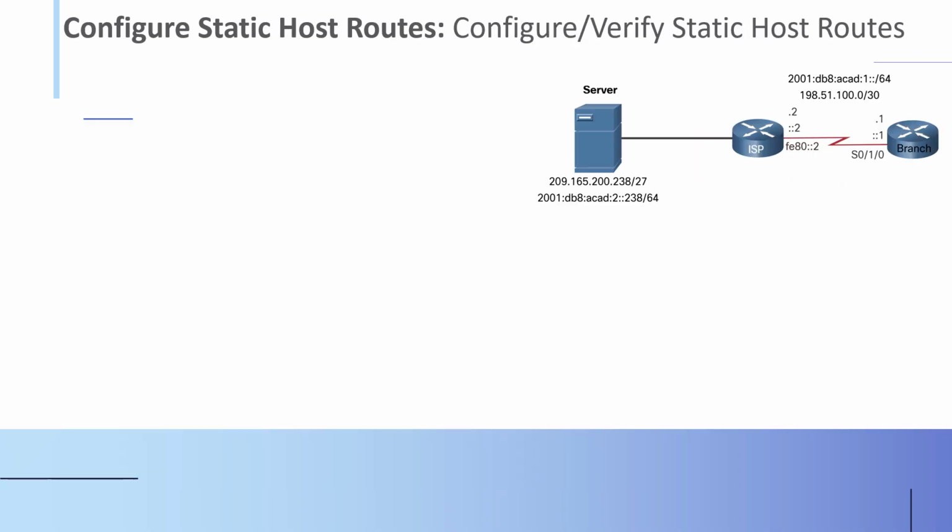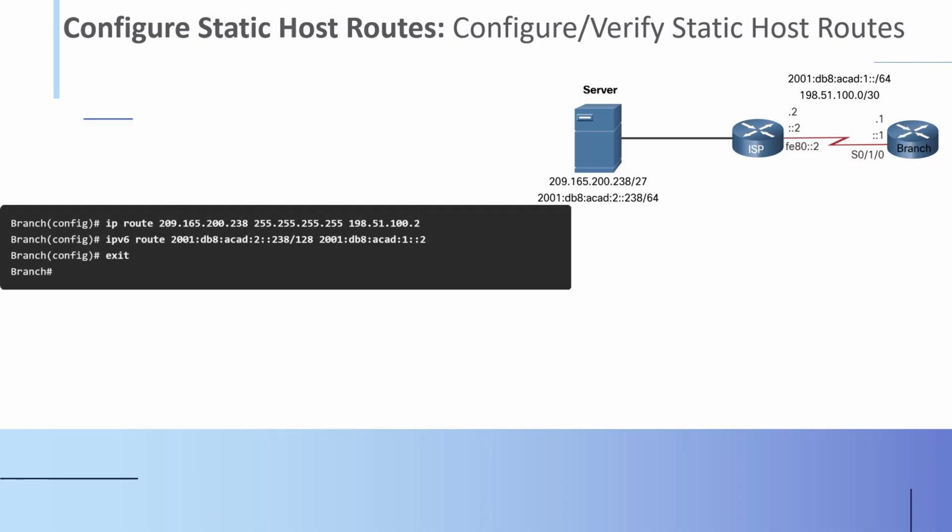The static route uses a destination IP address and the subnet mask of /32 for the IPv4 host route and the prefix length of /128 for IPv6 host routes, which means all the bits will be 1.